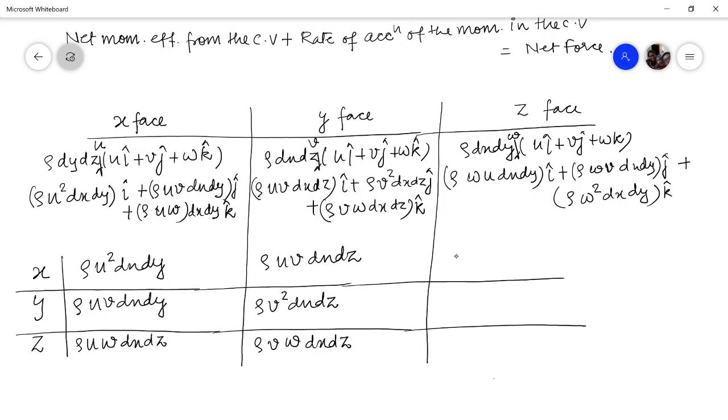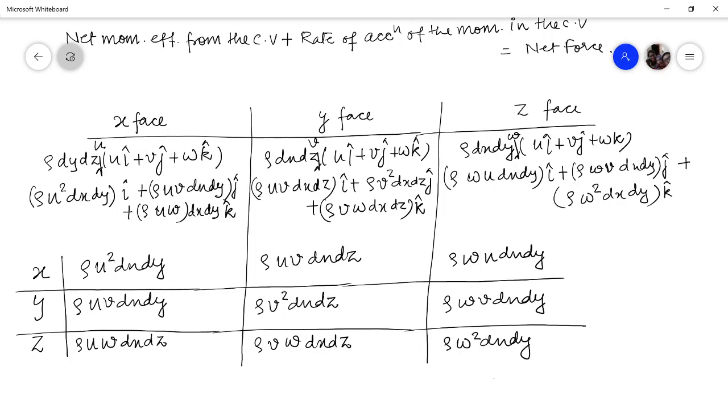Likewise, z face x direction rho wu dx dy, z face y direction rho wv dx dy, and z face z direction rho w square dx dy. So these are the components of momentum flux from different faces along different directions.